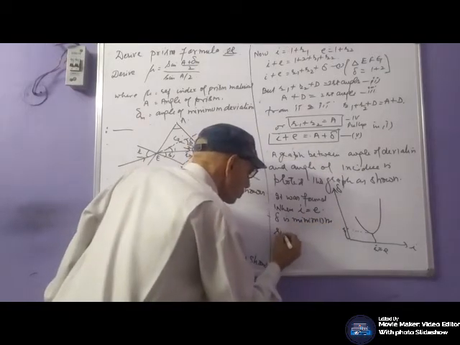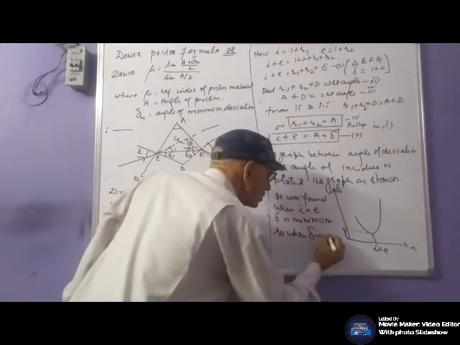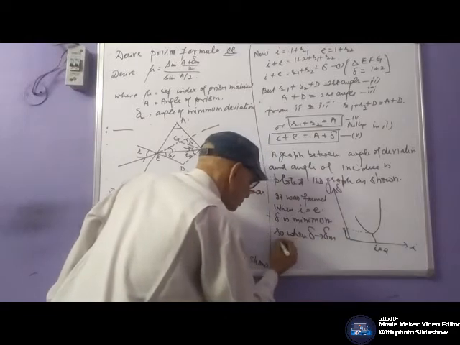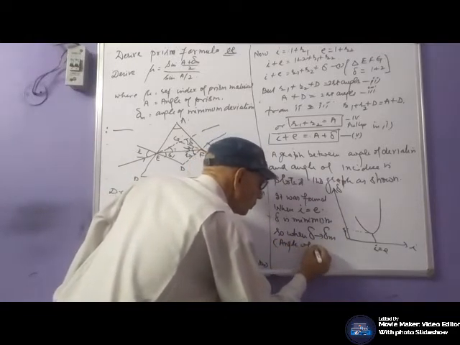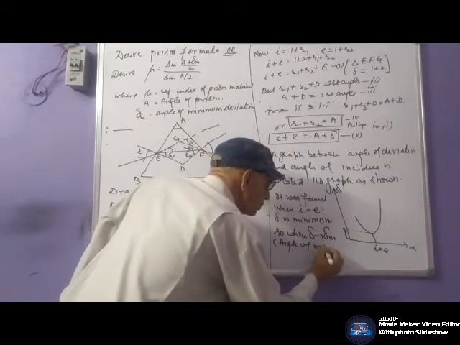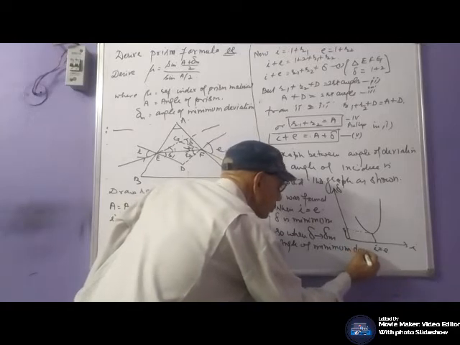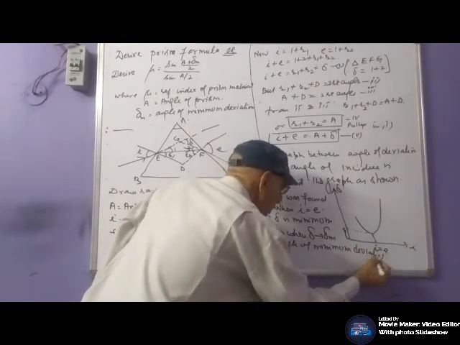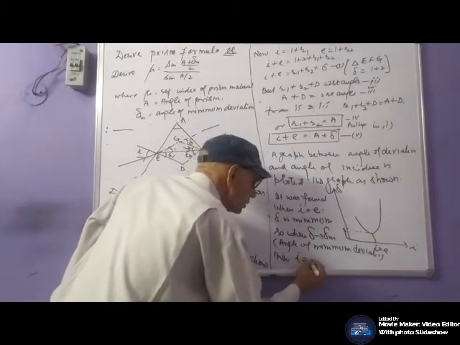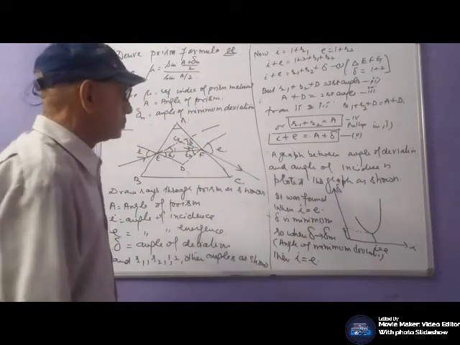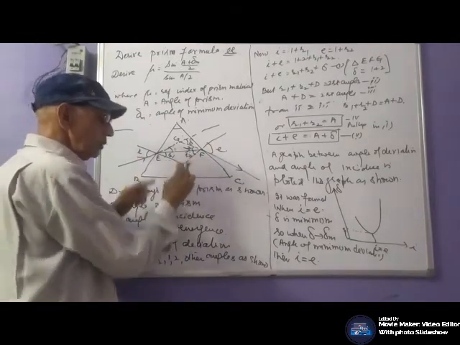So when delta is delta m, angle of minimum deviation, then I is E. If both angles are equal, then these angles will be equal.